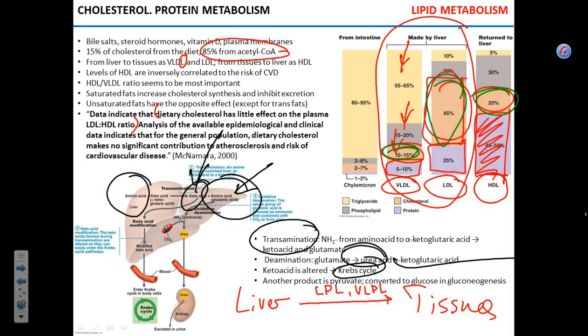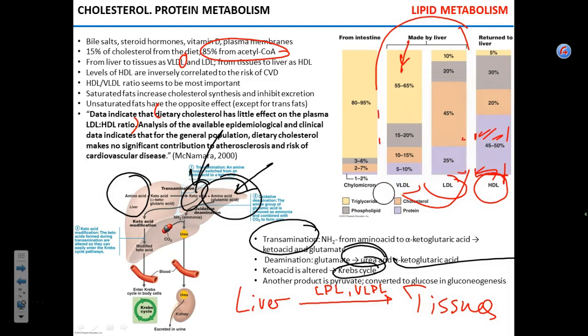You can measure these three. But this parameter is not really important. What is important is the ratio of HDL to LDL and VLDL. What do you want to be high?